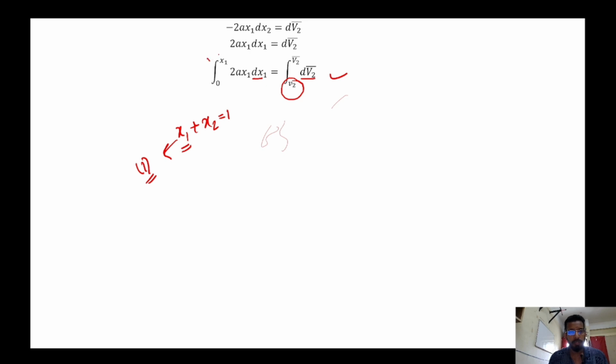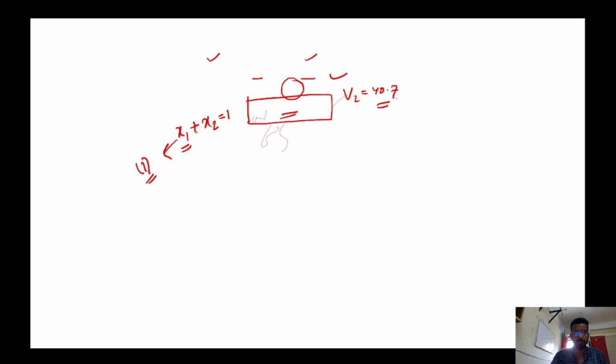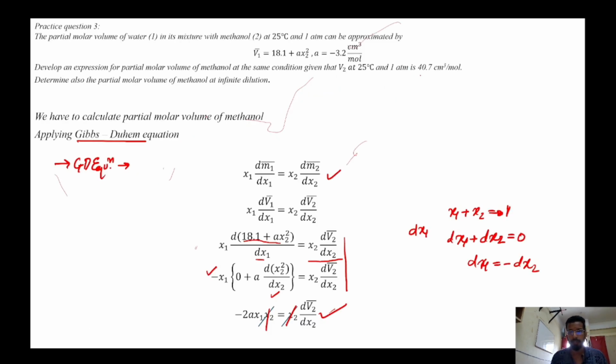When x1 equals 1, there will be partial volumes of component 1 as well as component 2. So this needs to be understood. Now solving the equation, we will get V2 as this. This is simple integration. When you solve this, you will get this. And this V2 we have given in the question. V2 is equal to 40.7. If you see the question, this V2 we have given as 40.7.